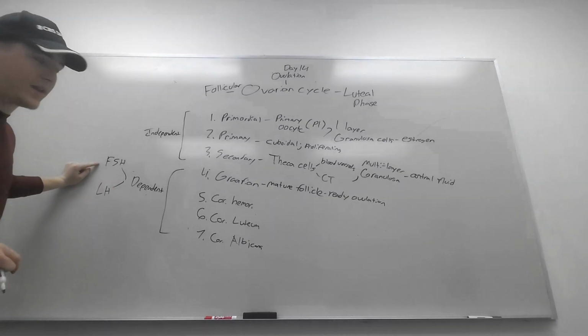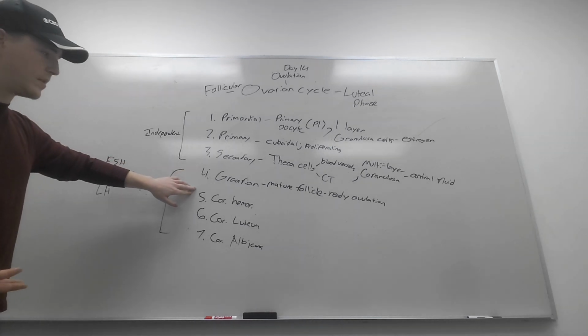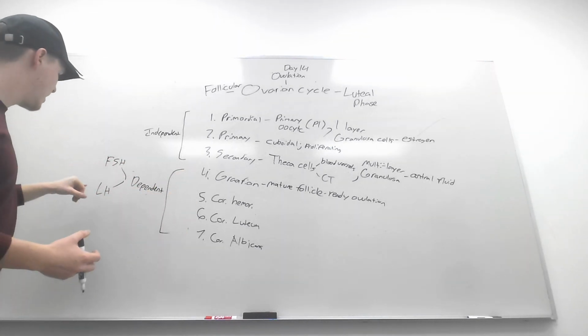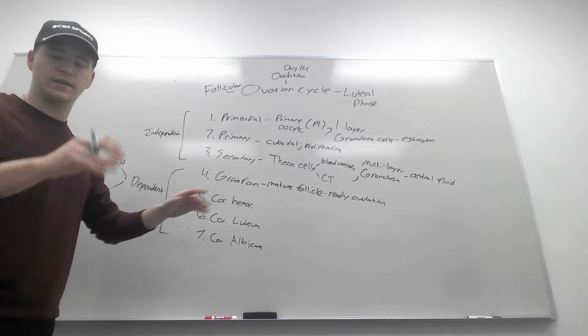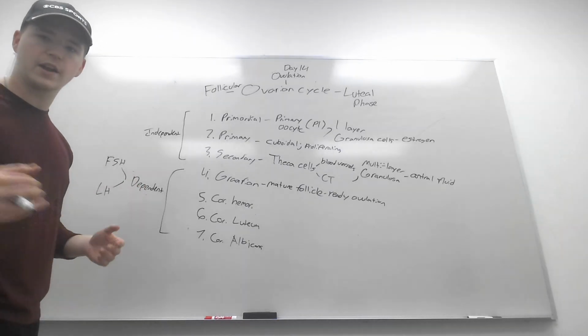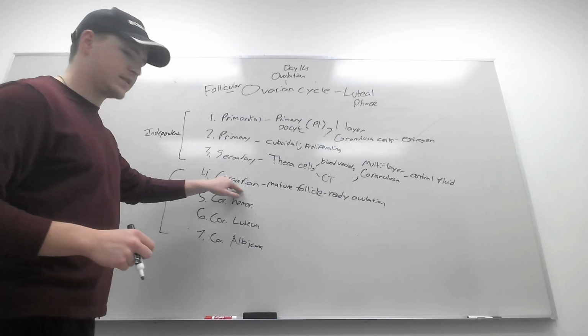Follicle stimulating hormone is key for developing this mature cell until it releases from the follicle and is ready to be fertilized. LH is the actual hormone that allows it to ovulate, to break free of the follicle, be swept up by the fimbriae, and go through the uterine tubes. So that's key. The Graafian follicle is ready.